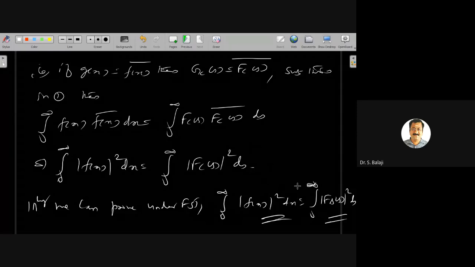To prove this result, you take the integral from 0 to infinity of f(x) g(x) dx, which by the sine transform is equal to the integral of fs(s) gs(s) ds. You take g(x) as the conjugate, and you have to prove that gs(s) is the conjugate of fs(s). That's all.